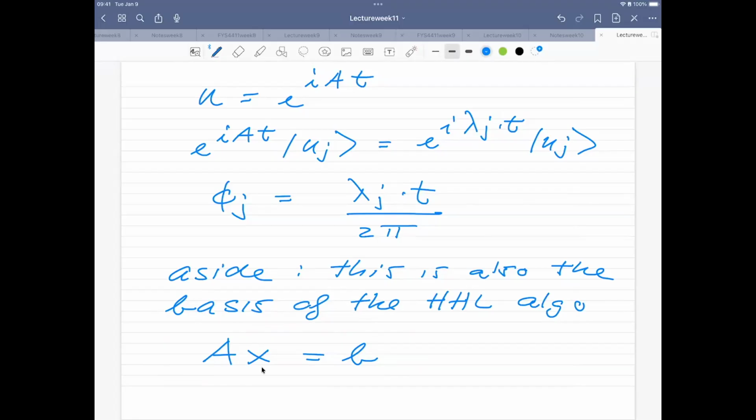So the HHL relies on us being able to calculate these phases by the quantum phase estimation algorithm, because what this algorithm is doing for us is that it's going to attempt at solving this problem. So then we need the inverse eigenvalues. This is the basics of the quantum variant of a linear algebra problem.